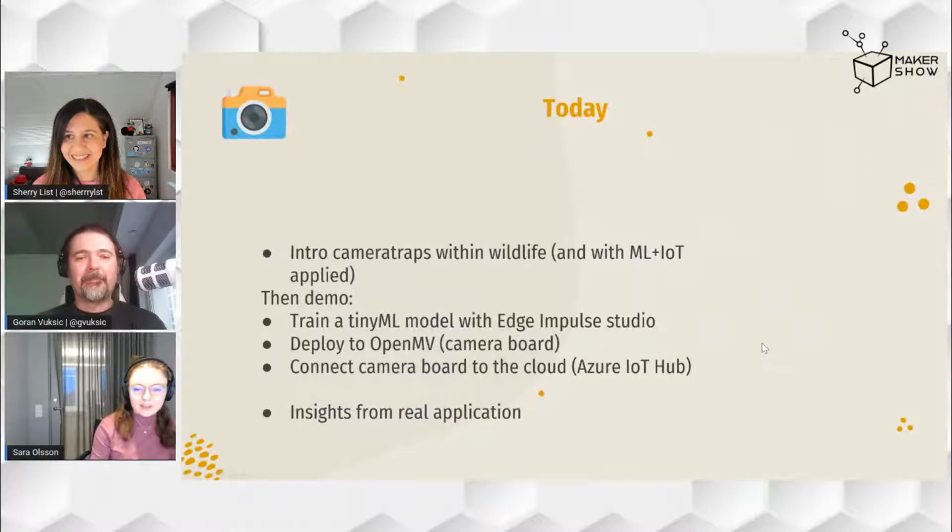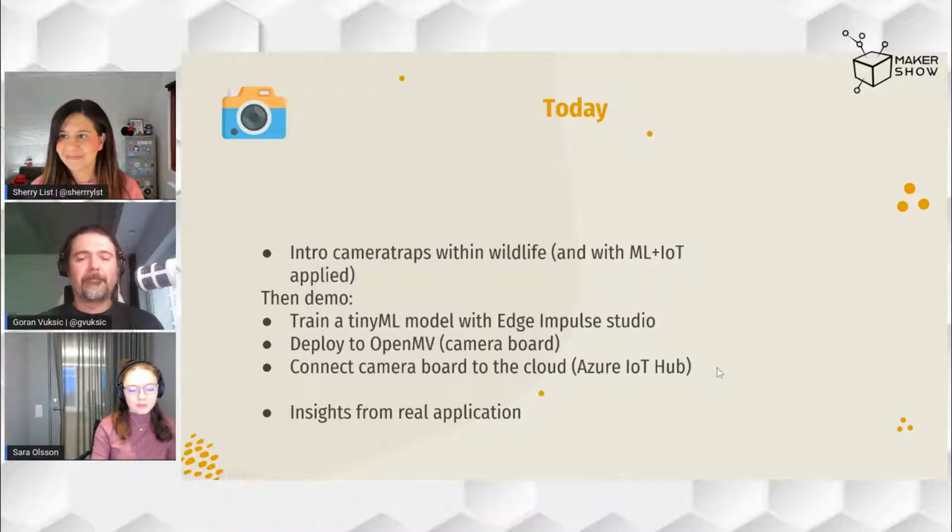So today I will give an introduction to how camera traps are used within wildlife and target the need for embedded machine learning, especially when it comes to protecting threatened animals. During the demo, I'll open up Edge Impulse Studio and train an image classification model, which we will then deploy to an OpenMV camera board and test it.